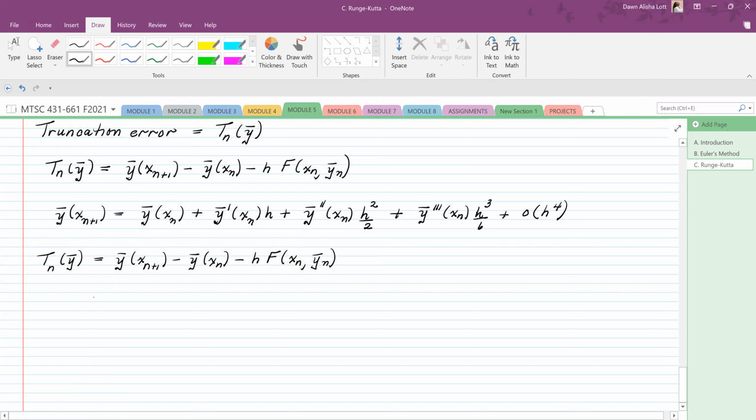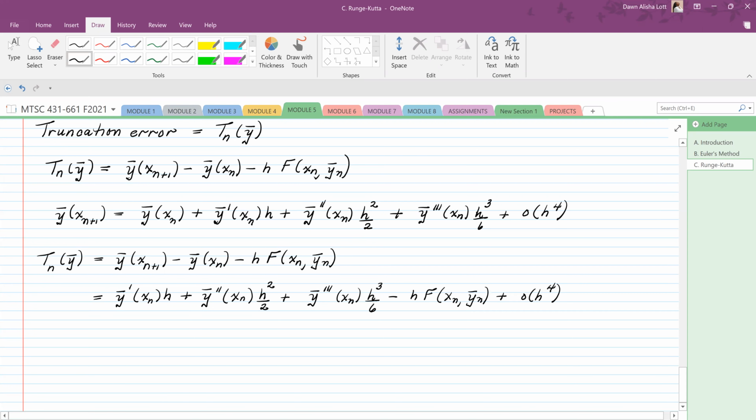So now I can plug in what I have for y bar of xn, and I end up with y bar prime of xn times h plus y bar double prime of xn times h squared over 2 plus y bar triple prime of xn times h cubed over 6 minus h times f of xn y bar n plus O of h to the 4th, I apologize.